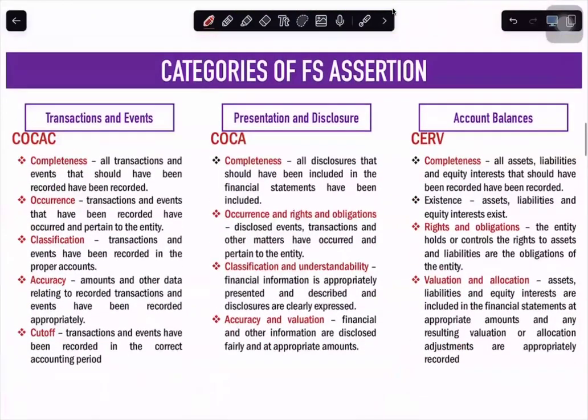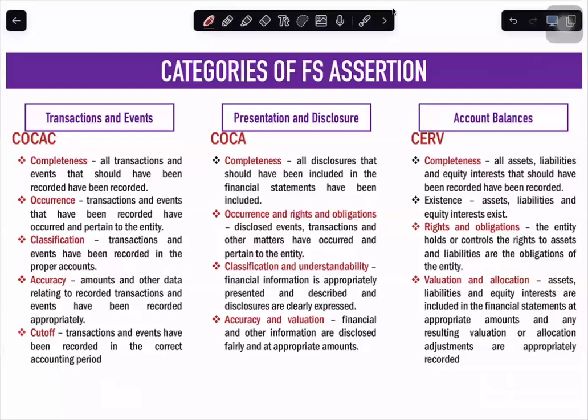So first, transactions and events. So we have here COCAP, we have completeness, occurrence, classification, accuracy, and cutoff. Presentation and disclosure, we have here your completeness, occurrence and rights and obligations, classification and understandability, accuracy and valuation.